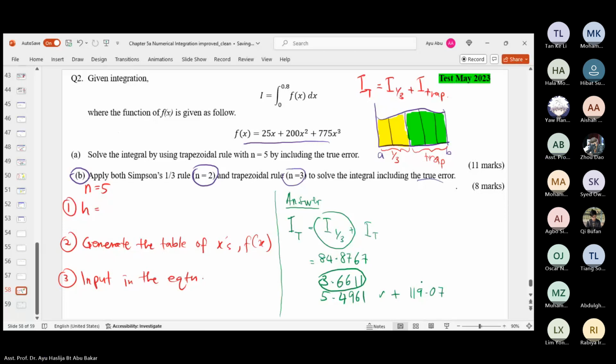Okay, good. So the total of the integration is the summation of both areas. From here, if you sum up, you will get the final answer.